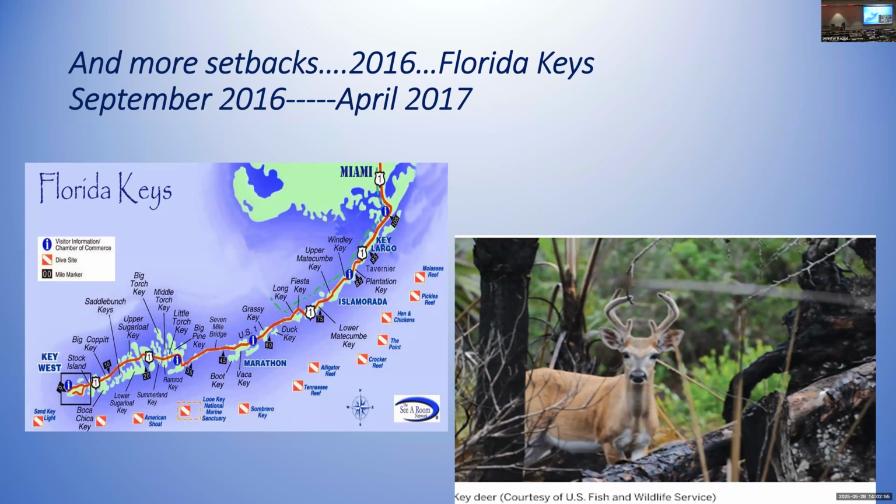2016 in Florida, the Keys deer. There was an outbreak. You look at the date there, September 2016 to April of 2017. There's some lessons to be learned for us veterinarians in this outbreak. We kind of dropped the ball on it.